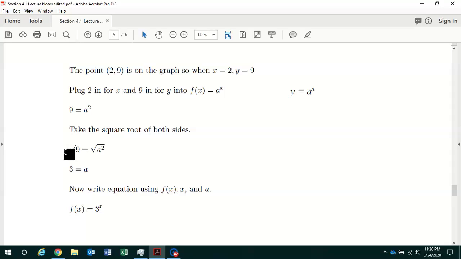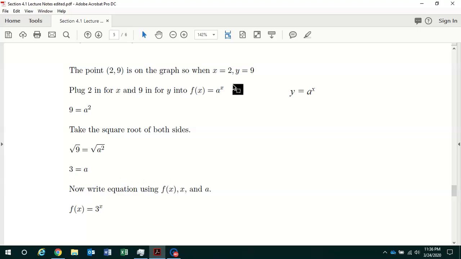Well, we don't have the minus here, because the value of a in our exponential function can only be positive. It can't be a negative number. So we just take the positive square root of both sides. The square root of 9 is 3, and so we have a is equal to 3.